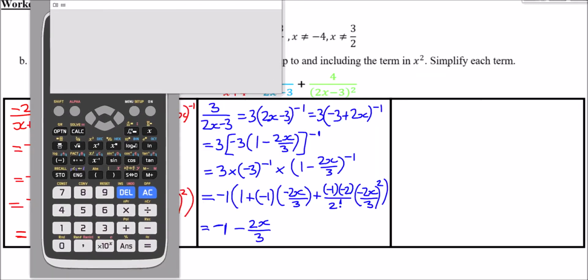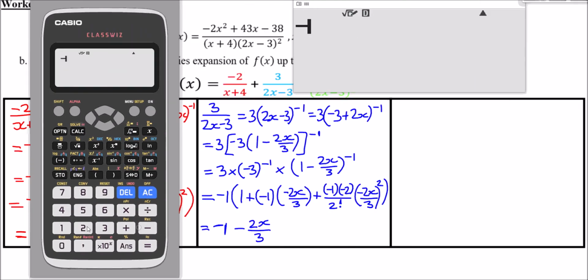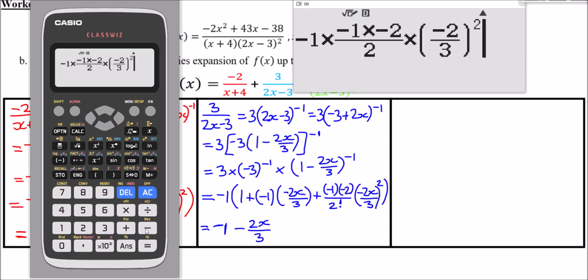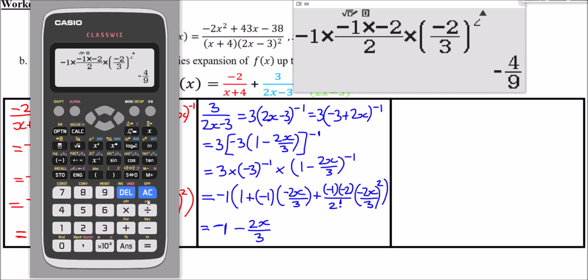So we're going to have minus 1 there, times by minus 1 times minus 2 all over 2 factorial, which is just 2. This fraction here is minus 2/3, so I'm going to times that by minus 2/3 all squared. Minus 2/3 squared. We get minus 4/9. So we're going to have minus 4/9 x squared.